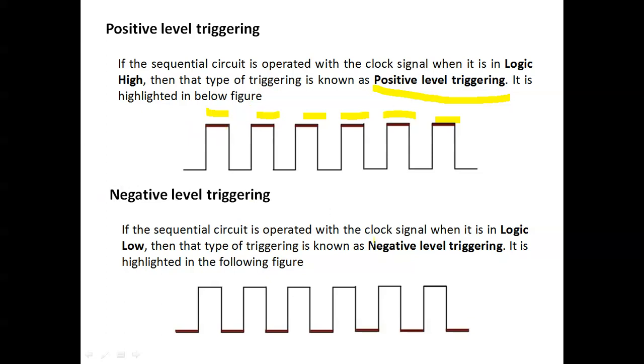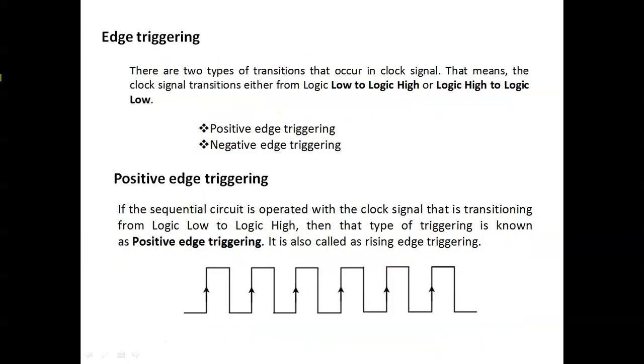Negative level triggering is these places, where whenever the negative level comes, the device gets triggered. That is called negative level triggering. Mostly latch circuits are triggered by level triggering, positive and negative level triggering.